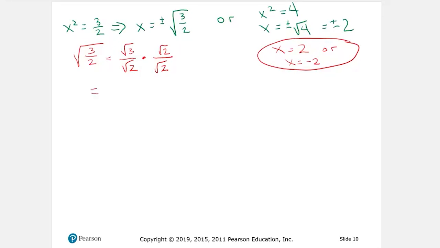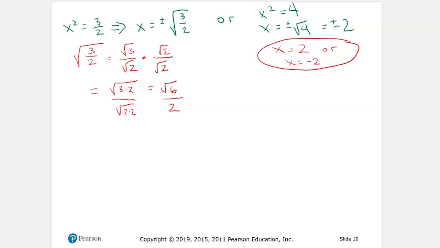And now I multiply across the top. So I get the square root of 3 times 2, which is equal to the square root of 6. And in the denominator, I get the square root of 2 times 2, which is equal to the square root of 4, which is 2. So I've now rationalized my denominator.